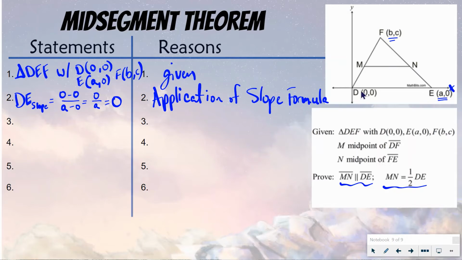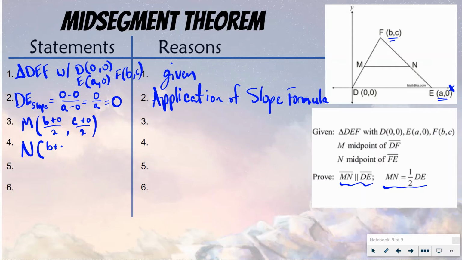Now I'm going to prove that this also has a slope of 0. So to get the slope of that line, I'm going to need the coordinates of that line. And I know that M is the midpoint of that line, and N is the midpoint of that line. So I'm going to apply the midpoint formula twice. I'm going to say that B plus 0 divided by 2 is the x-coordinate, and C plus 0 is the y-coordinate for point M, and then N is these two.